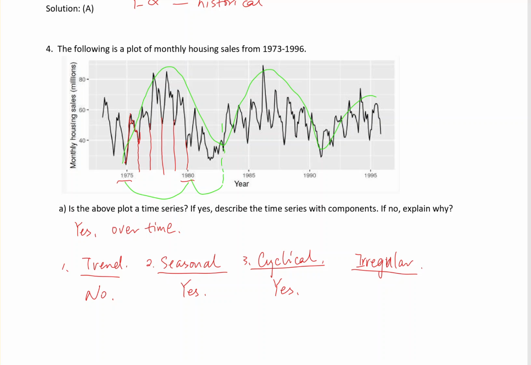Okay, so next one, the last one, irregular component. To find whether this time series has the irregular component, what do we look for? We look for whether there is random fluctuation, the thing where you cannot see any pattern, right?